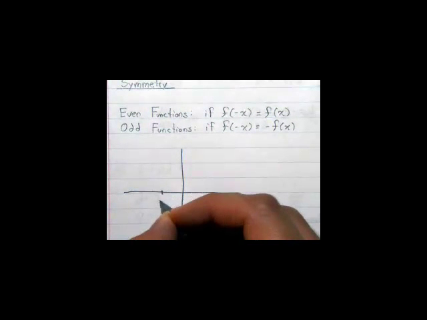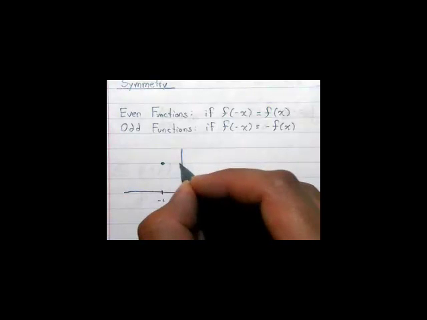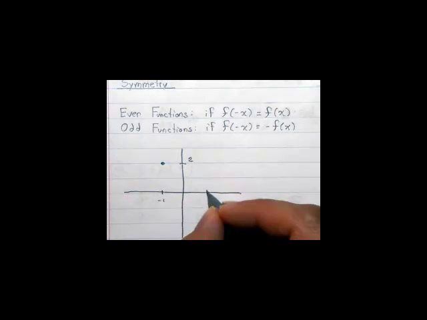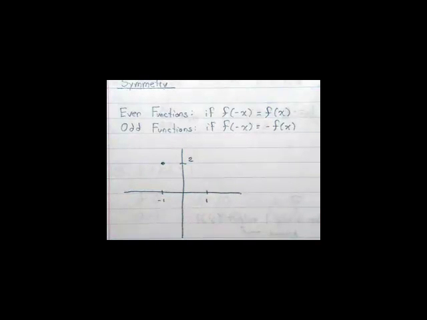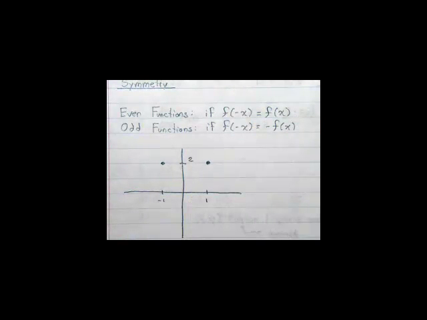So let's say at negative 1, my function is up at a value of 2. What does that tell me about the value of the function at 1? It has to also be at 2, right? f of negative 1 equals f of 1. So they have the same y value, so this one also has to be right there.